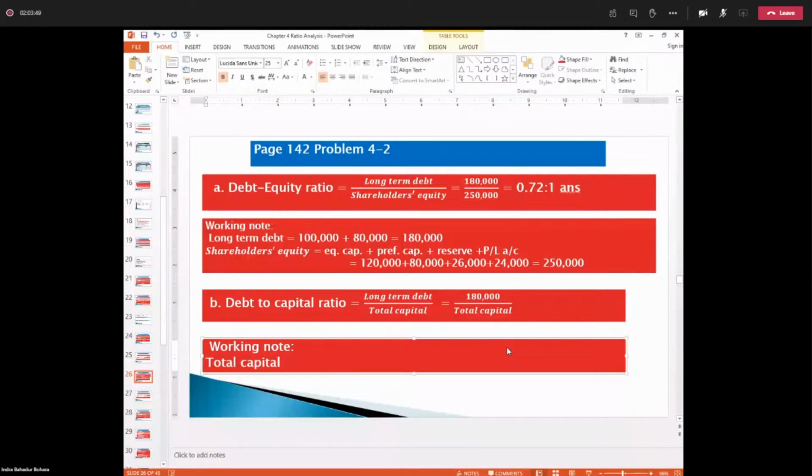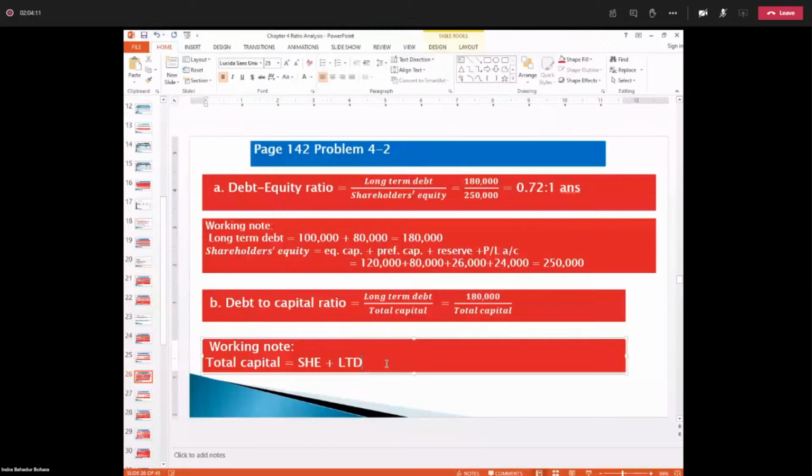How do we calculate total capital? Shareholders equity plus long-term debt. Shareholders equity is the long-term contribution of the shareholders. Long-term debt is the total long-term contribution of lenders.